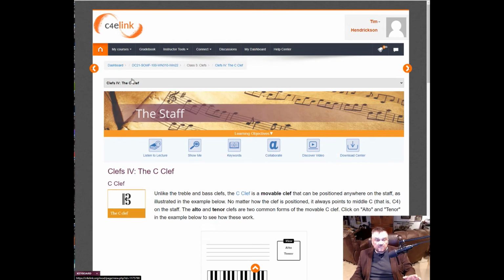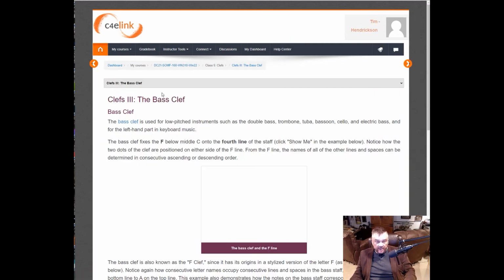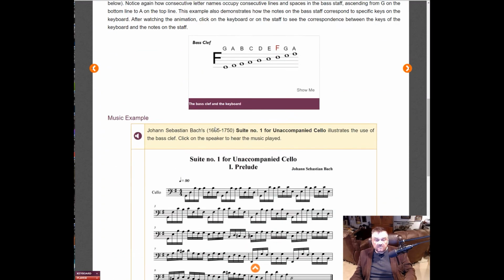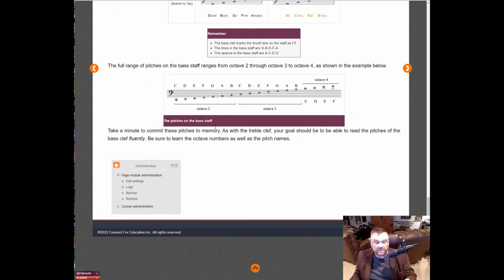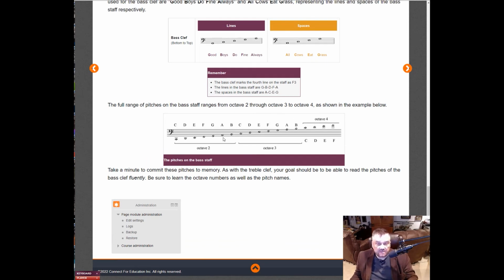Now, let's go back and take a look at that bass clef one more time. Second octave, third octave, fourth octave, all indicated here in the bass clef, but they could be indicated in the treble clef if you used enough ledger lines.